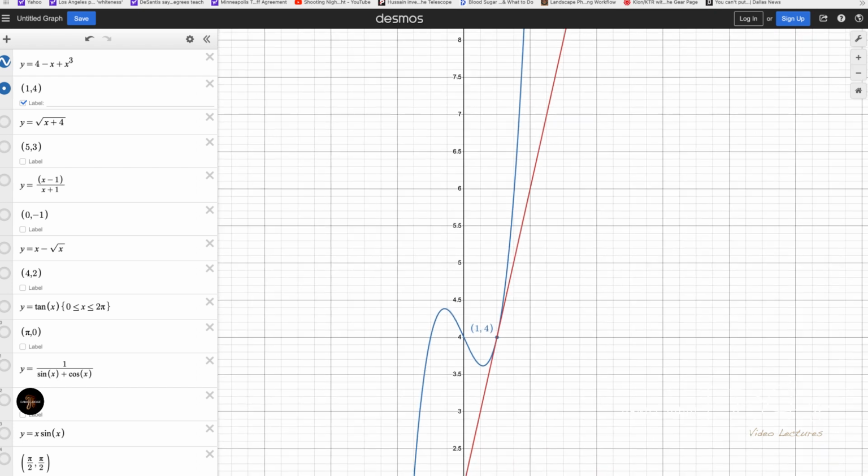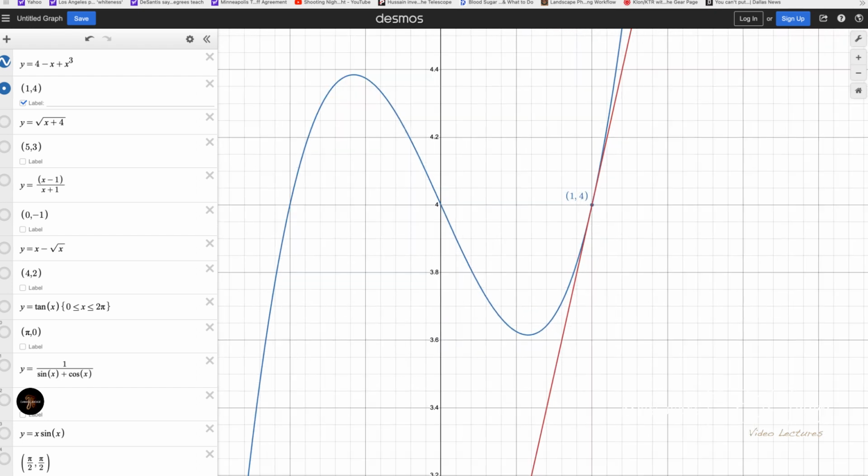So you guys can see exactly what's going on, okay? What you're looking at is the tangent line at the point 1, 4 for the given curve y is 4 minus x plus x to the third power. And that's what they're looking for.